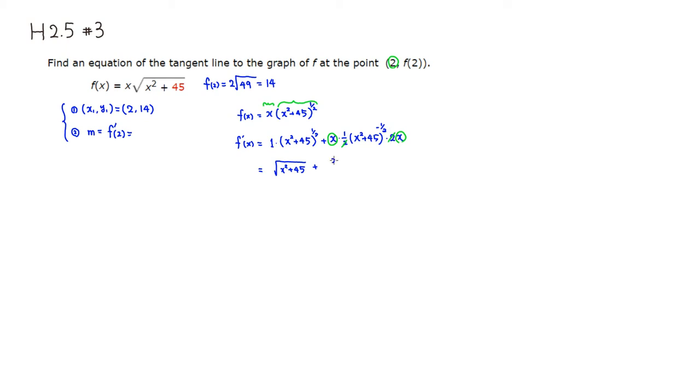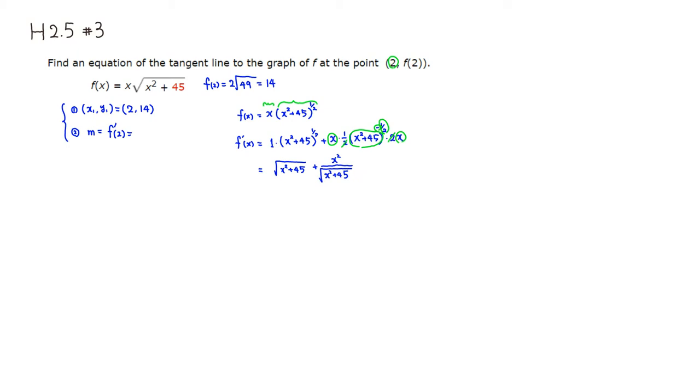So x squared lives upstairs. Since we have a negative power on x squared plus 45, it lives downstairs, and the 1/2 power is a square root.